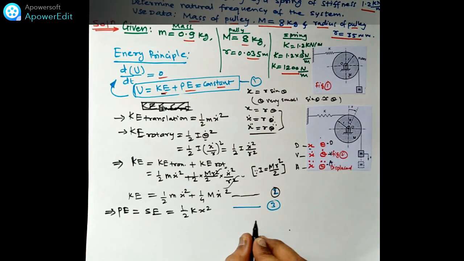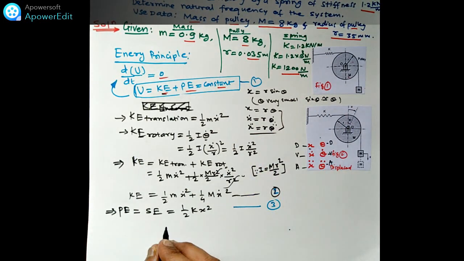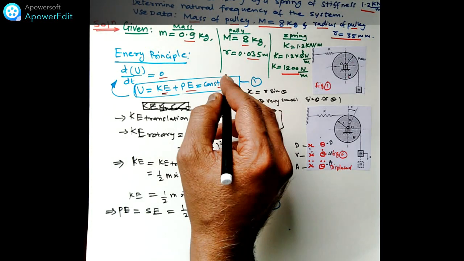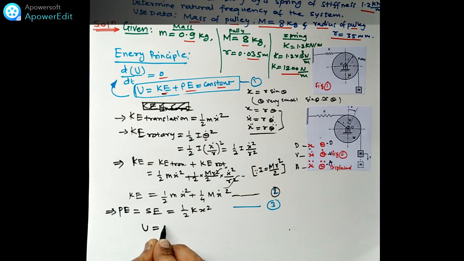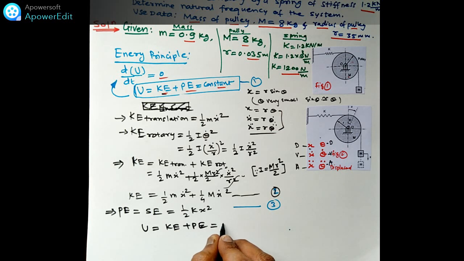Put equations 2 and 3 in equation 1, so we get the total U equal to K plus P according to the energy principle, which is equal to a constant.